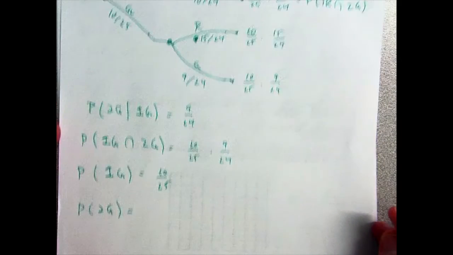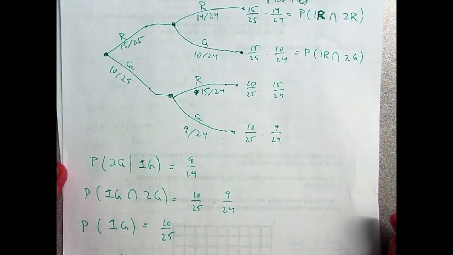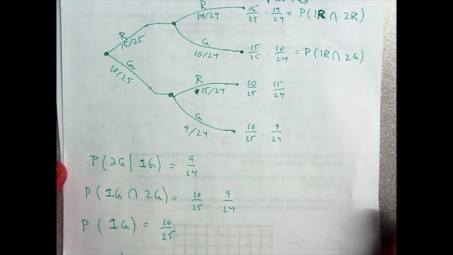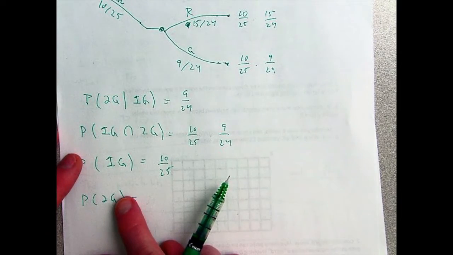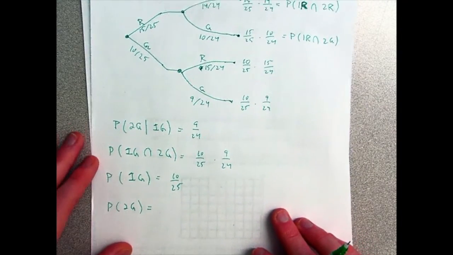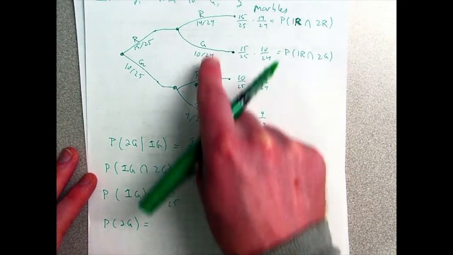It's interesting. What's the probability that the second marble is green? If you look at the diagram, there's not really anything that corresponds to that exactly. The truth is that the second marble being green corresponds to multiple branches in the diagram. It corresponds to both this branch here and also that branch.